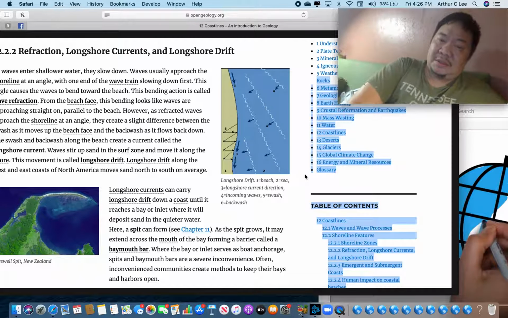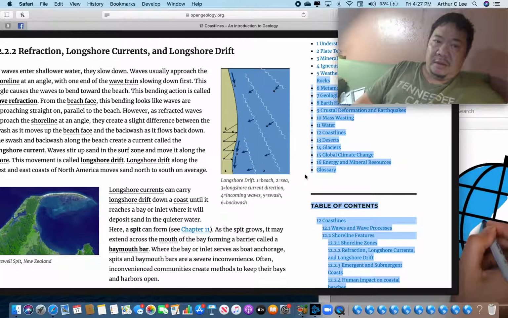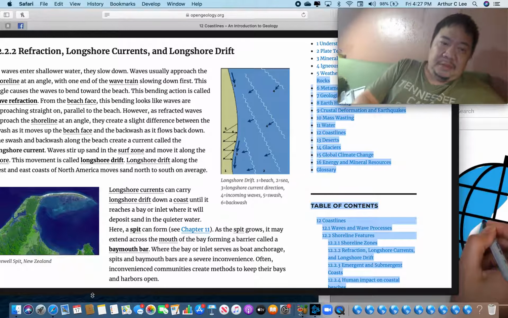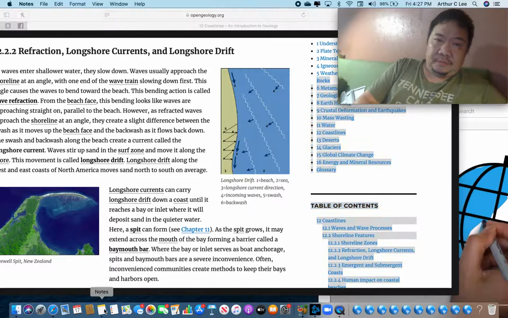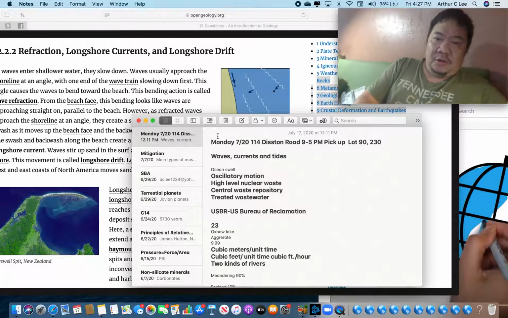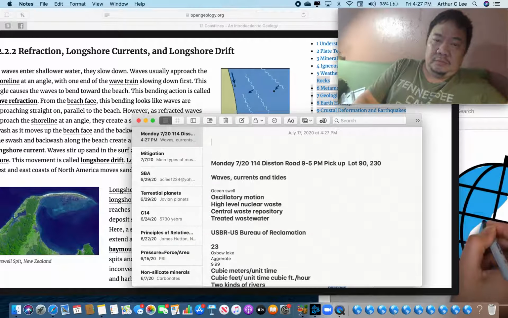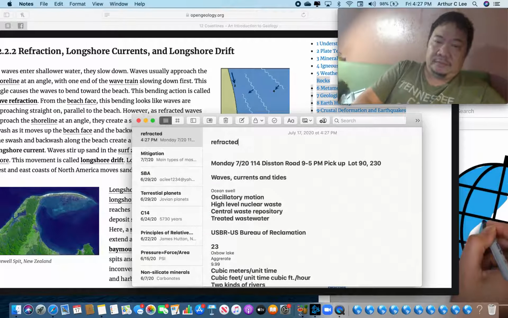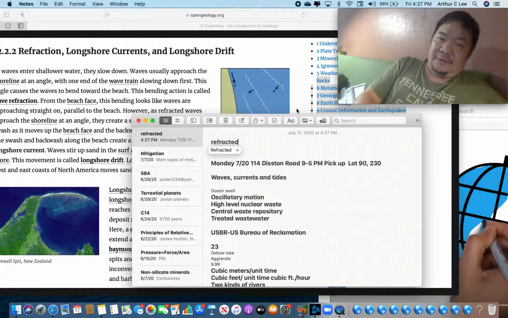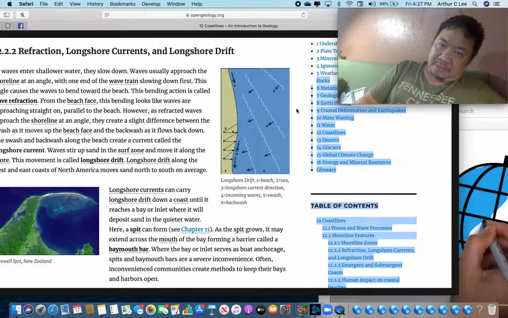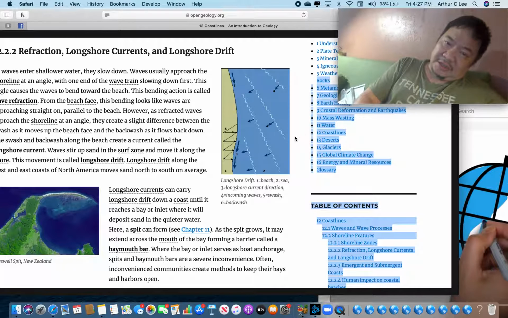When that happens, those waves are going to be refracted. Let me spell that word for you. You might have heard of this word before, refracted. That means they're going to be deflected. They're going to be bent. Their direction is going to change.